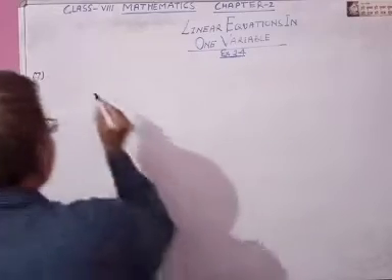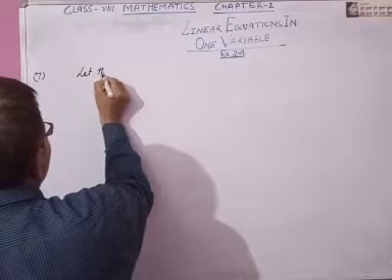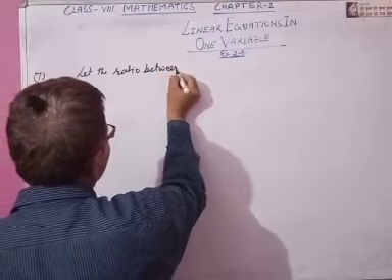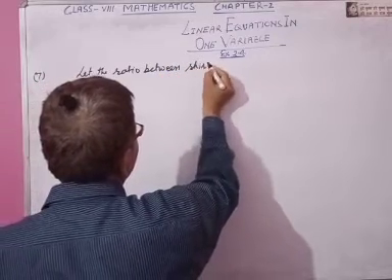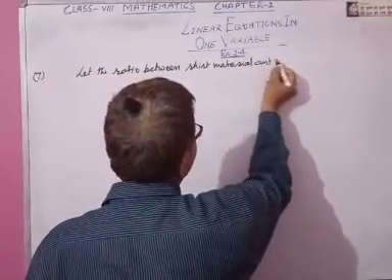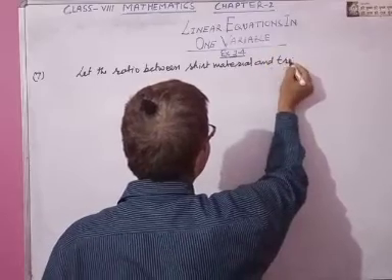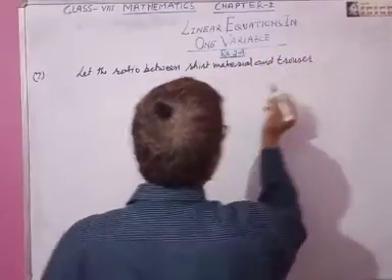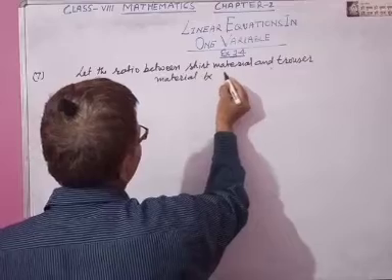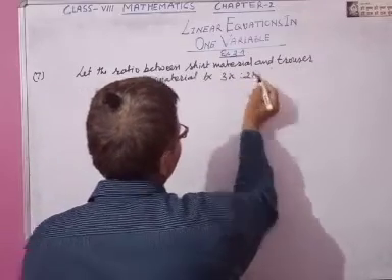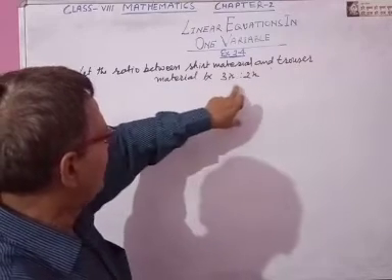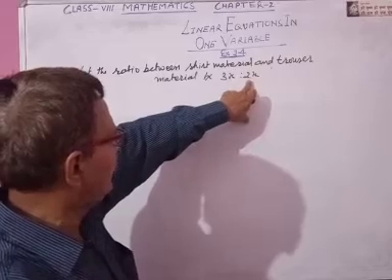So let the ratio between shirt material and trouser material be 3x and 2x, because for 3 meter of shirt you need 2 meter of trouser.